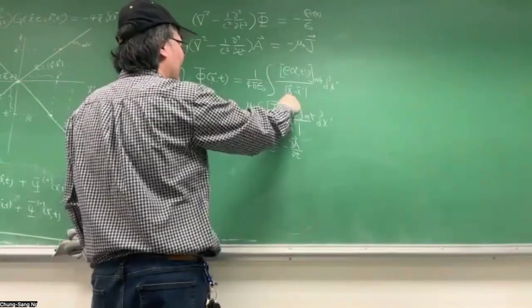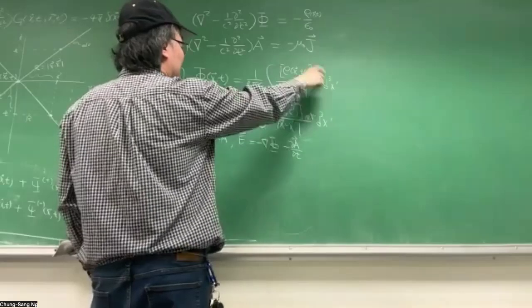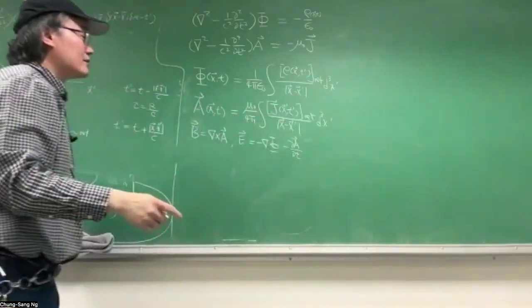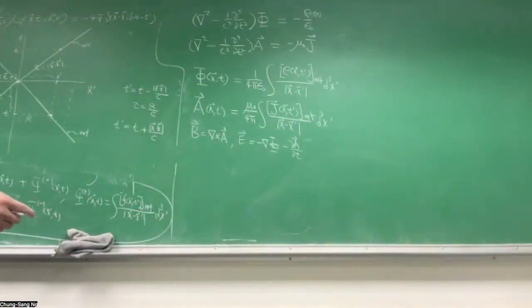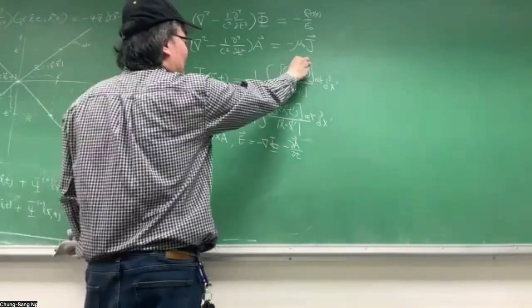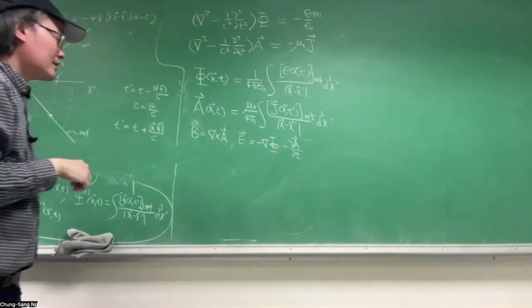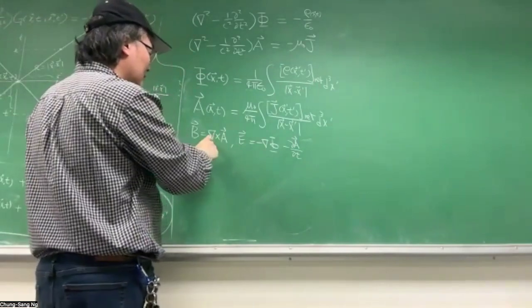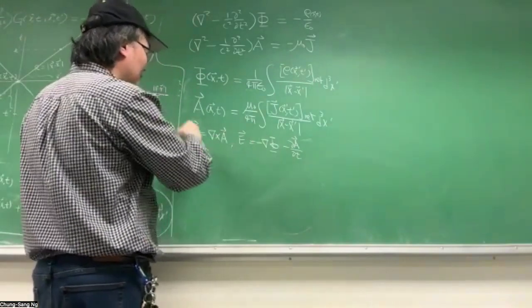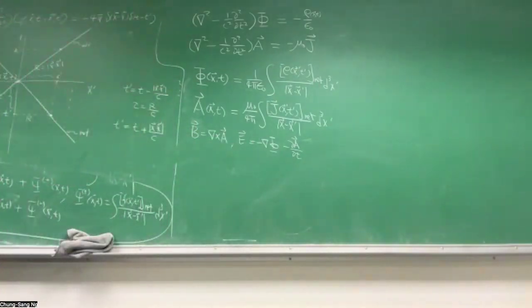So after you evaluate all these integrals, the right hand side will just depend on x and t. Right. So you can do all these derivatives and get B and E. So that's one way to look at that.